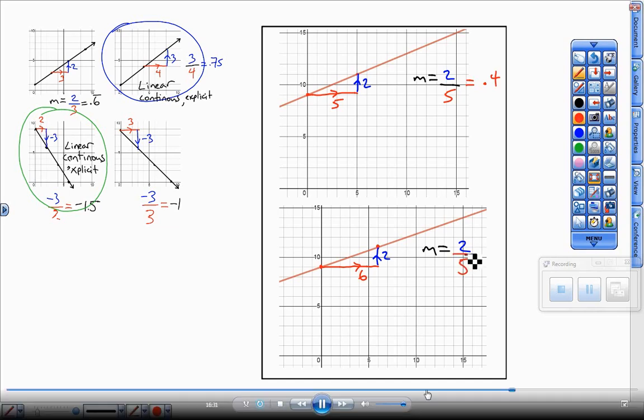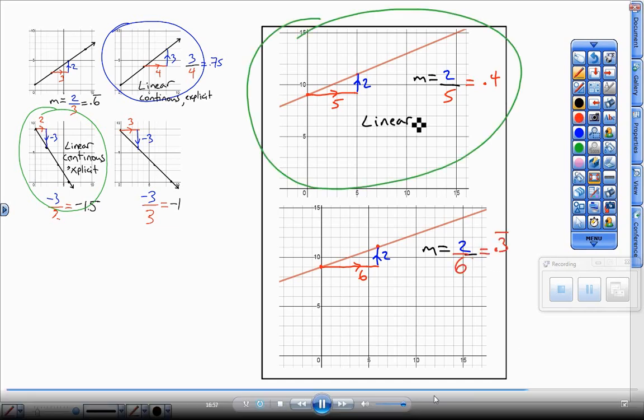And change that from a 5 to a 6. And that gives me a slope of 0.3. So you can see this one has a greater rate of change. It is linear. It is continuous because it's a straight line through it. So make sure, honors kids, write this extra problem to show me.